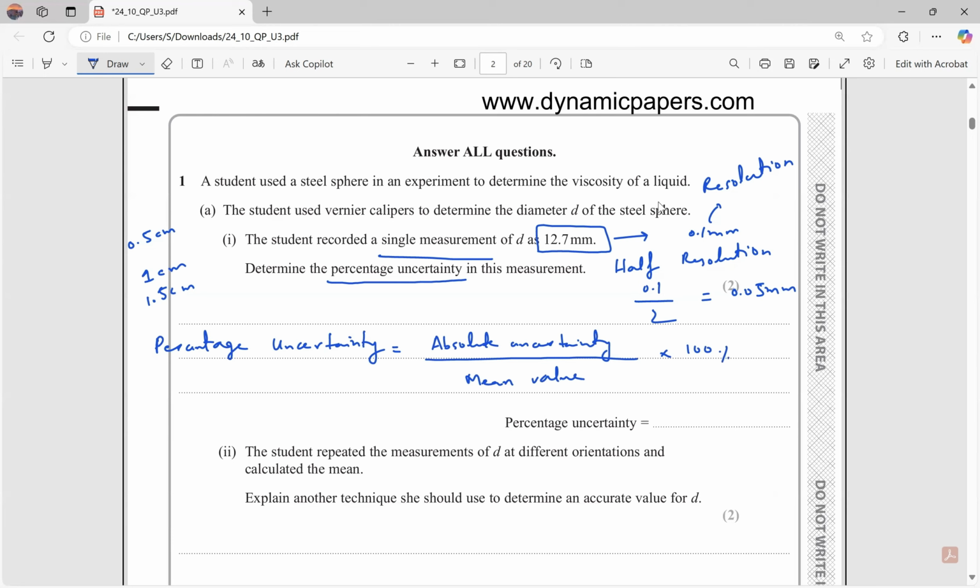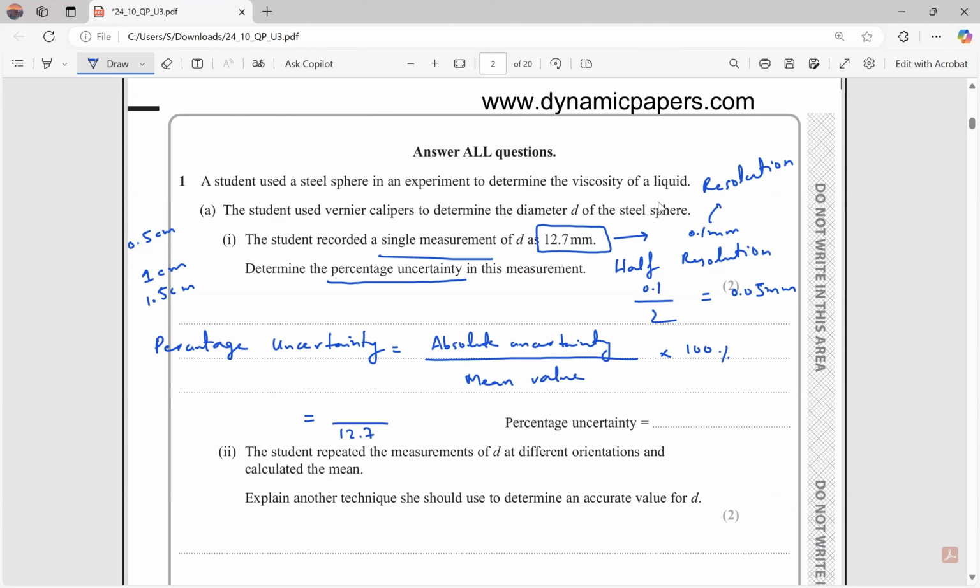The mean value is just the reading that you measured. So over here it's 12.7. That's simple, we just write 12.7 in its place. The absolute uncertainty is over here the half resolution.